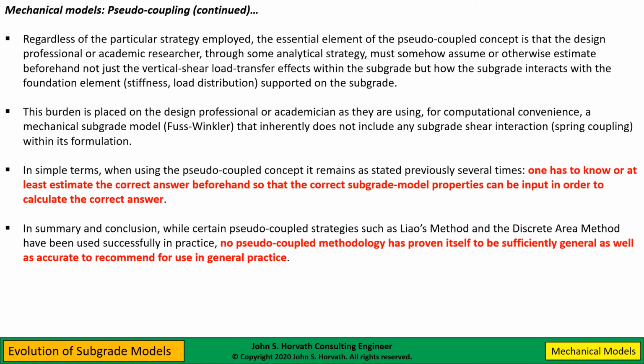There are some people who are, and who have promoted it very aggressively in recent decades, but it is not a general purpose approach to the problem. Really, the approach is to use a multi-parameter subgrade model that inherently incorporates spring coupling.